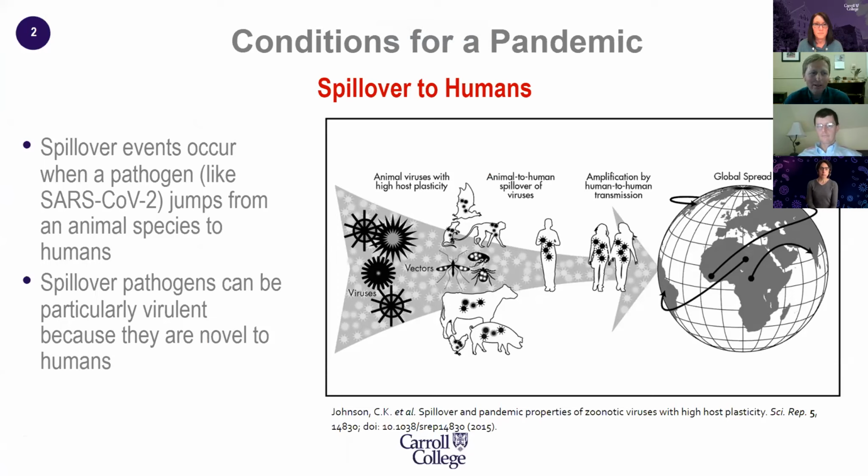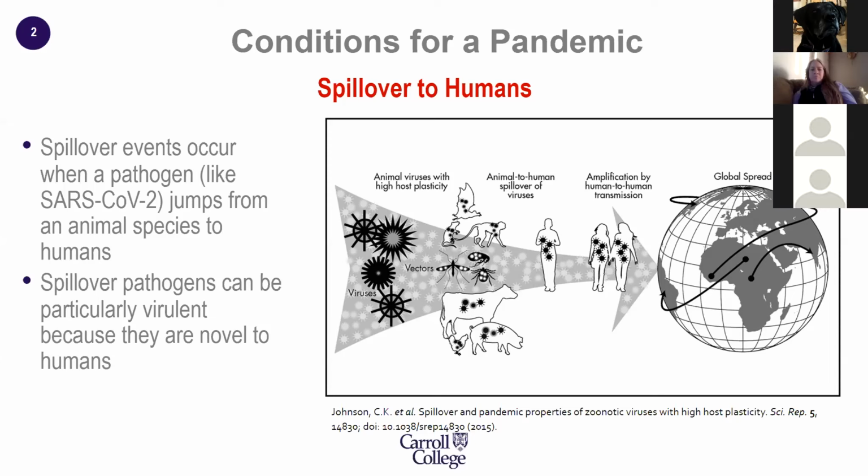And this is because the spillover pathogens are novel pathogens that are being seen by the new reservoir host, humans, for the very first time. And humans in this case have not developed any form of acquired immunity against this particular pathogen.